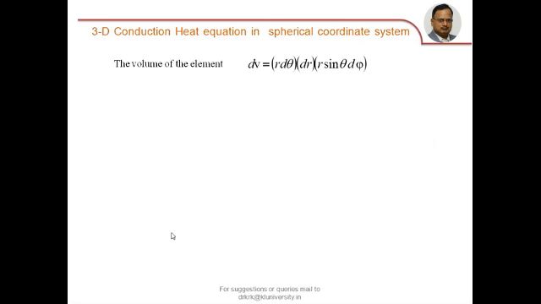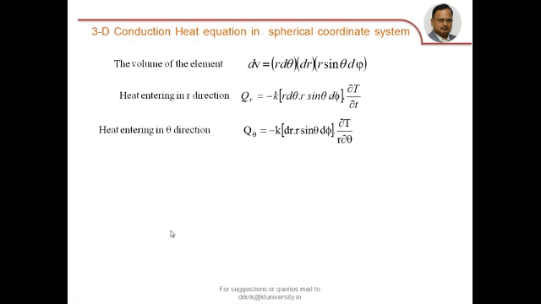Therefore, you can say that heat entering in r direction is minus k r d theta into r sin theta d phi into dou T by dou r. Small correction, dou T by dou r.